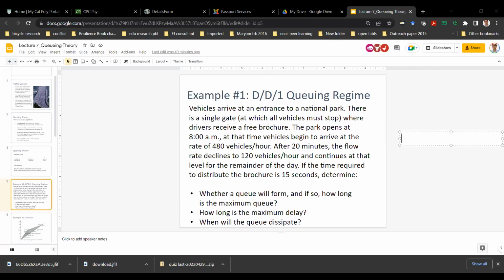What is your arrival rate? You can see that the arrival rate is not a constant. It changes after a certain period of time. When does the arrival rate change?